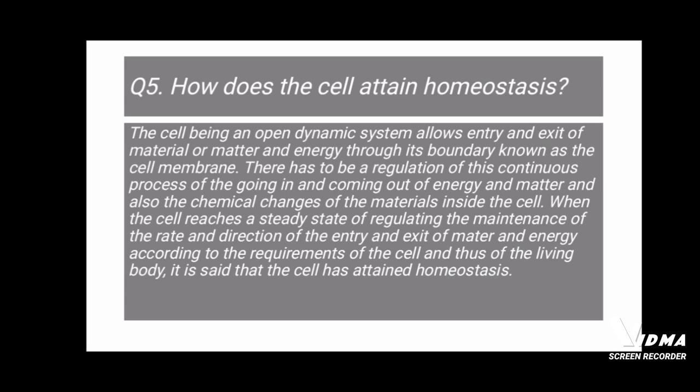When the cell reaches a steady state of regulating the rate and direction of the entry and exit of matter and energy according to the requirements of the cell and thus of the living body, it is said that the cell has attained homeostasis.